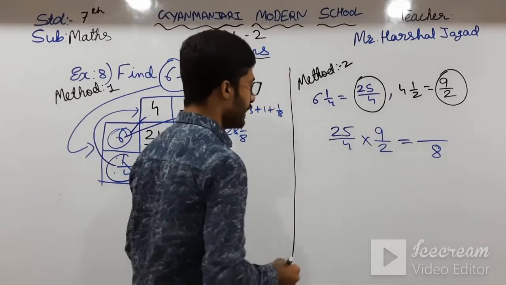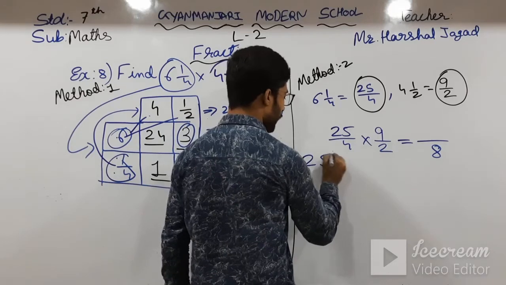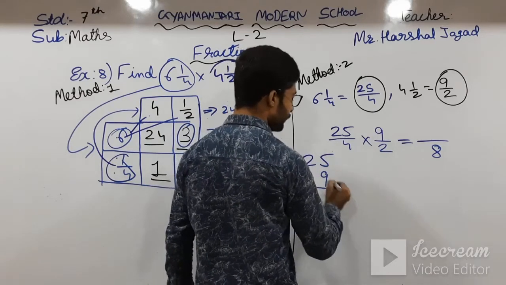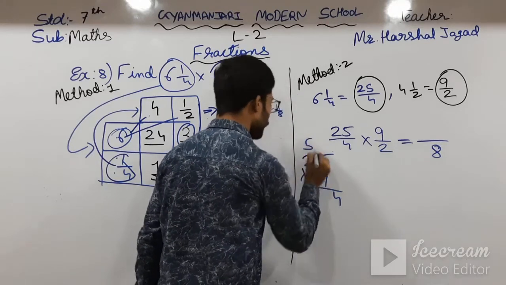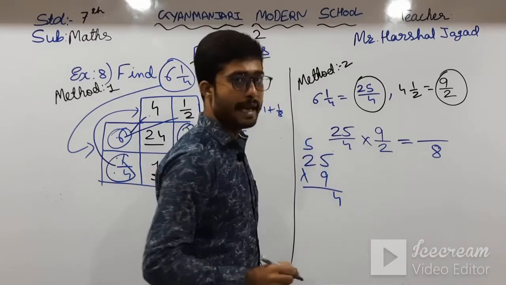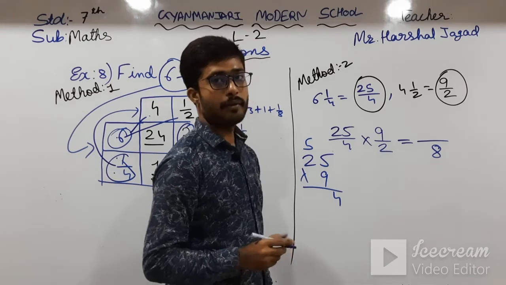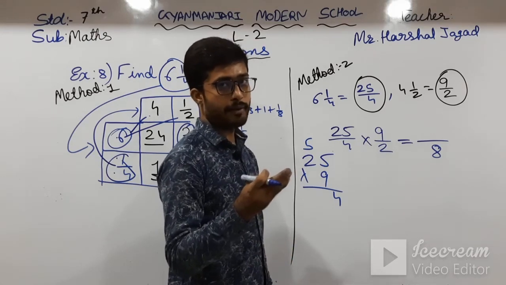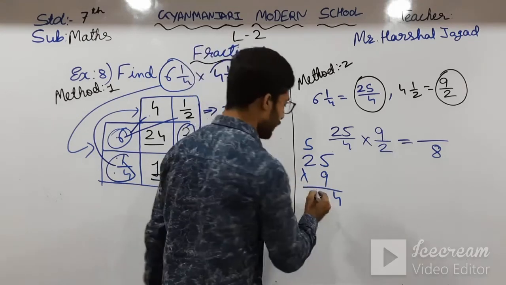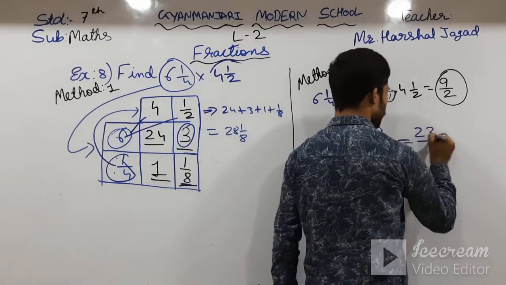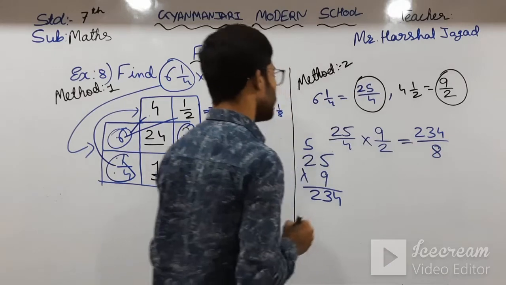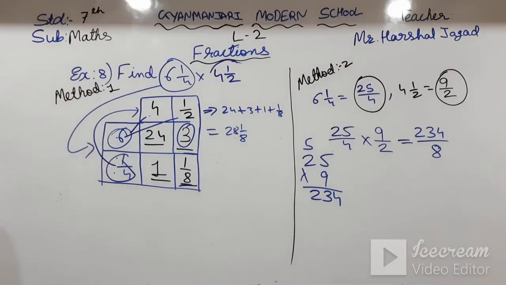Here 4 2s are 8, so 8 comes in the denominator. Now 25 into 9. 9 5s are 45. 9 2s are 18, plus 4 is 22.